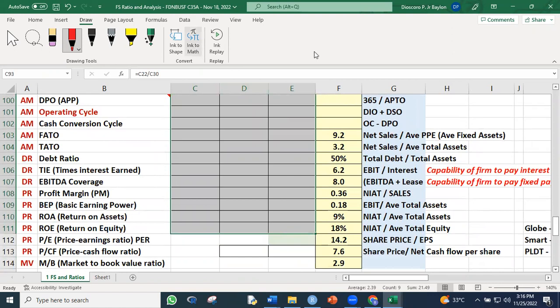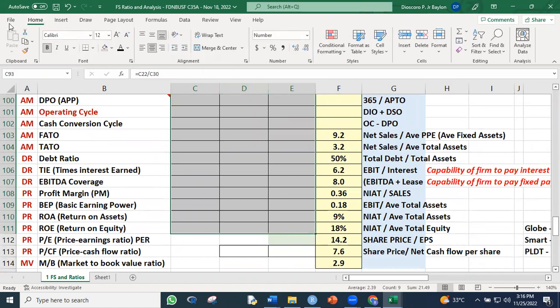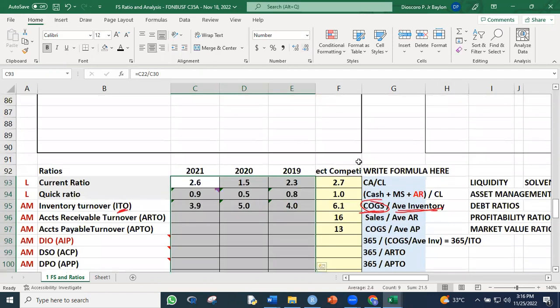I just made this 1 decimal place. 3.9, 6.1. But in terms of its relation to the direct competitor, 6.1 is the direct competitor's.